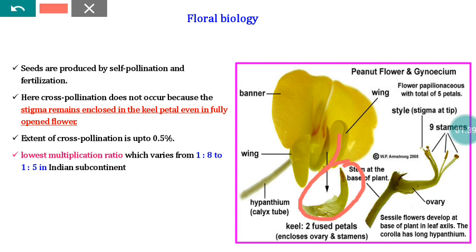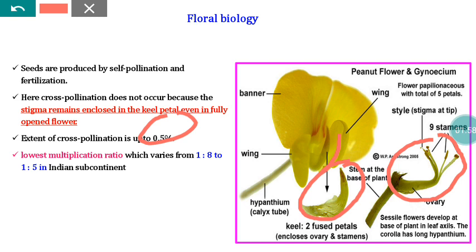Not only the stigma, the stamens also. This part is completely surrounded by the keel petal. Because of that, this favors the occurrence of self-pollination. So the chance for cross-pollination is only 0.5%. So this crop is a self-pollinated one.